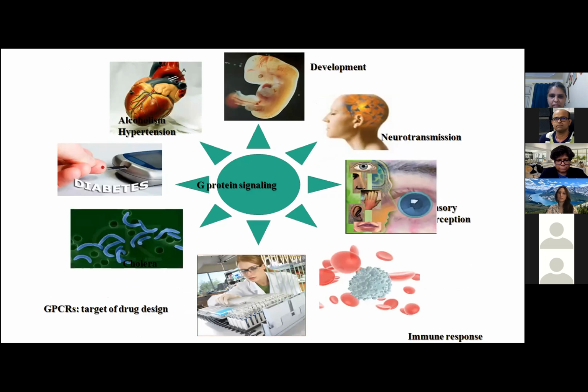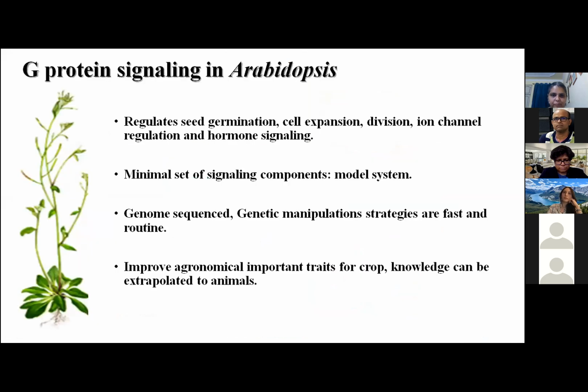Because of this, they are a huge market in pharmaceuticals, because people are looking for drugs to target these and design the drugs. So from that perspective also G protein signaling is very important.